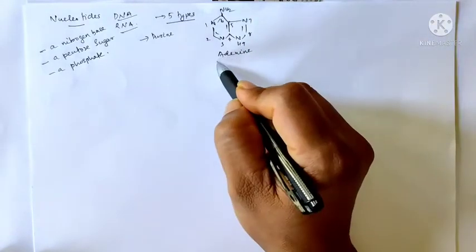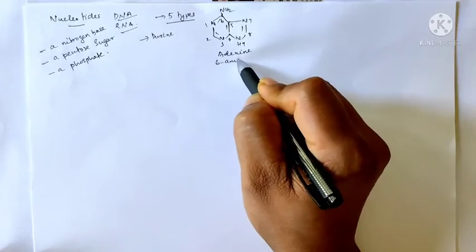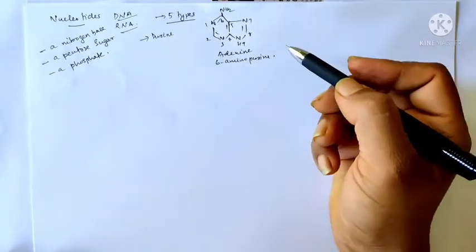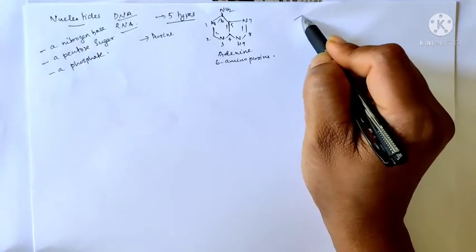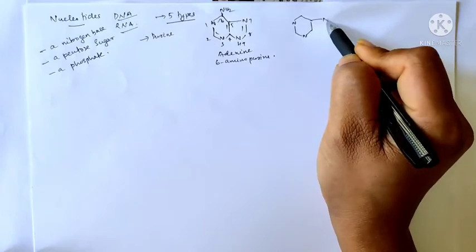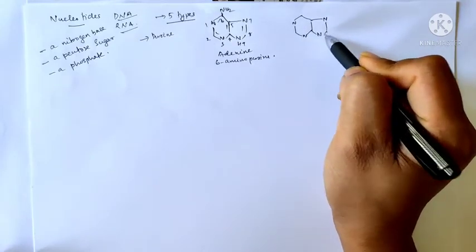or 6-amino purine. Then the second one, again another purine nitrogen base.